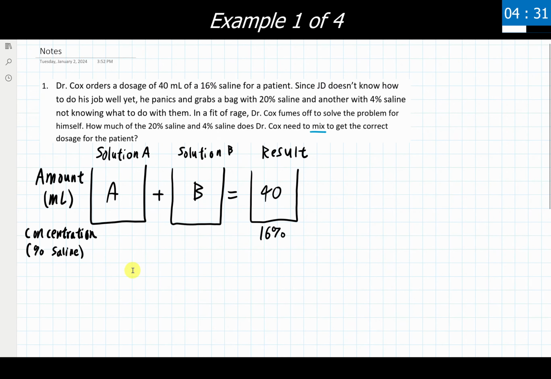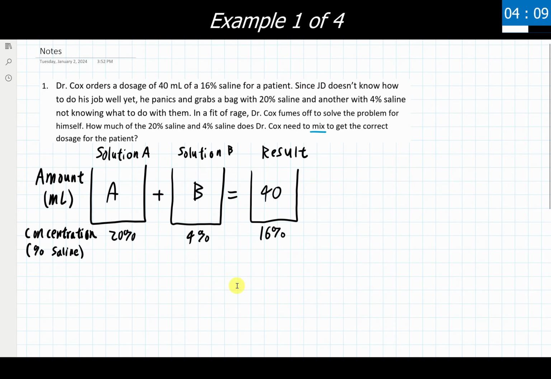That's the level of choosing that we're working with here. Doesn't matter which one goes where, we just need to assign it accordingly. The 4%, that's going to go with B. We can just write that in. Perfect.